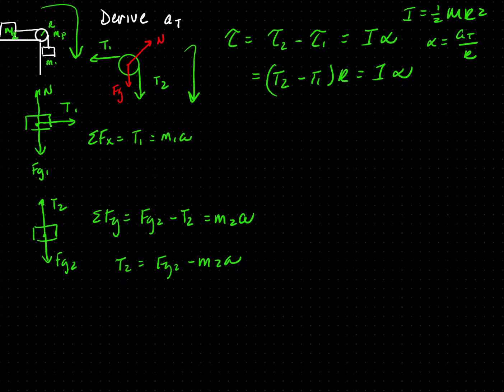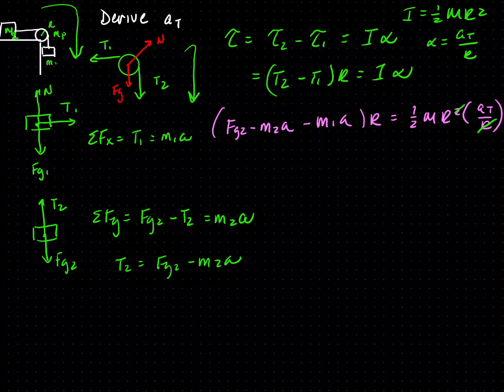Now I'm going to plug in for my equations. So if I plug in for T2, this is Fg2 minus M2A minus M1A, times R, because the radius is the same, equals 1/2 M R squared times AT over R. The R's cancel out.